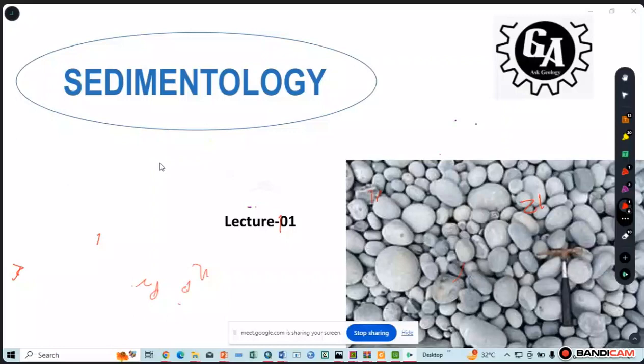According to the formation of the rock, rocks are generally divided into two types: primary rock and secondary rock. Primary rock is a rock formed directly from the magma. When the magma cools and solidifies, it is converted into a primary rock, which is known as igneous rock.